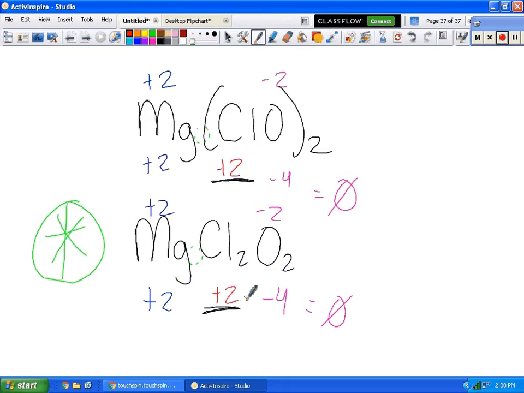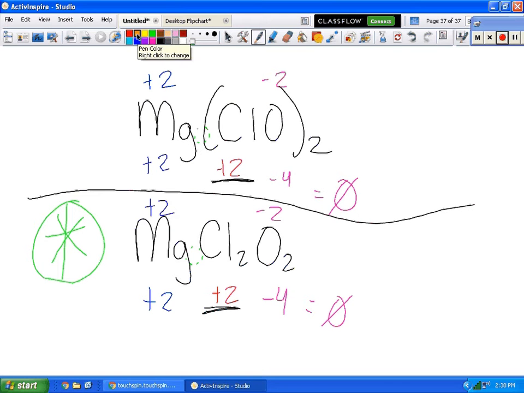Now, you can probably see why students miss this, because here's what happens. Look at the top version. I'll draw a line between these two. If you do not distribute, what does it look like you're dividing by right here? A 1. So what would you possibly put up top? A 2. But the problem is, what do you really have to divide by? Now do you see why this is a little easier?